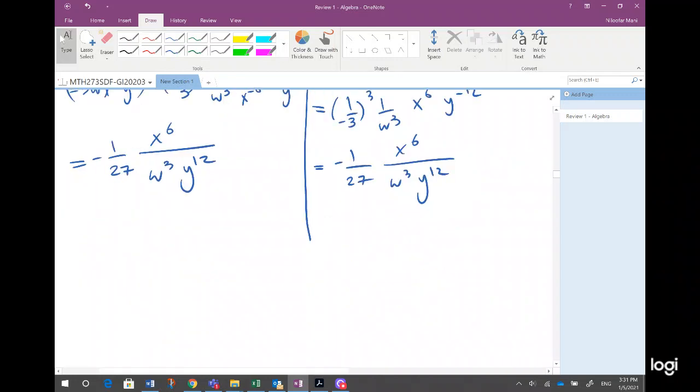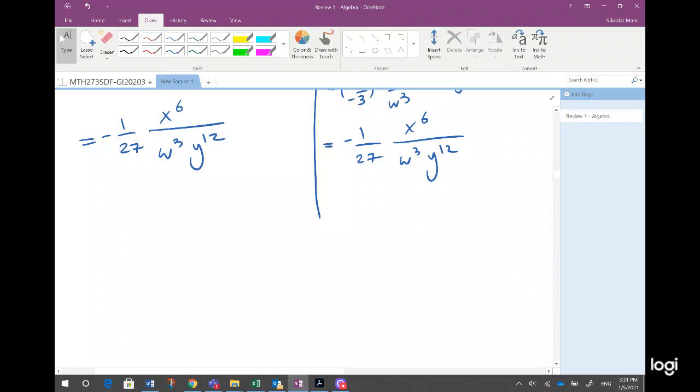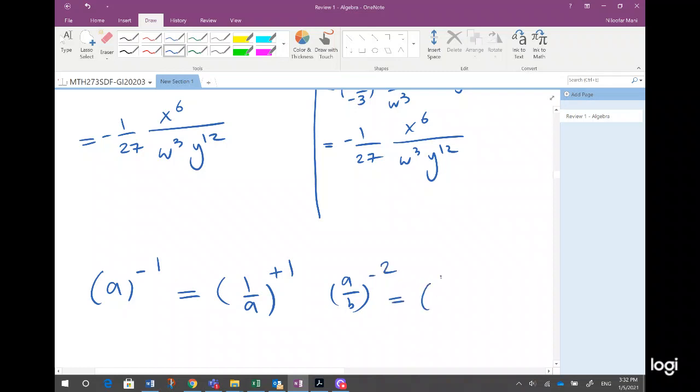But remember, if you go with the left one, you don't do any changes. Just flip it. Maybe I can write it here. Okay, so a power, for example, minus 1 is, I flip, 1 over a power positive 1. a over b power, for example minus 2. Okay, so it is b over a power 2. That's easier for me.